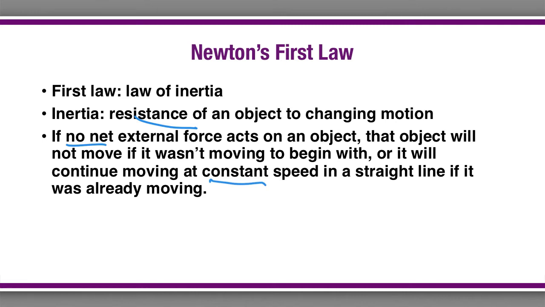So whatever state an object is currently in, whether that's at rest or in motion, it will remain at rest or at a constant speed if no other external forces act upon it.